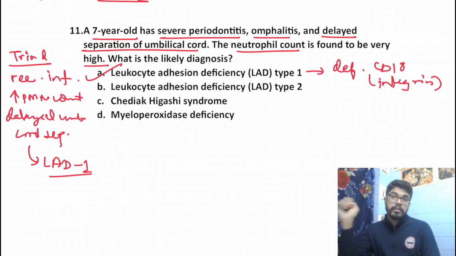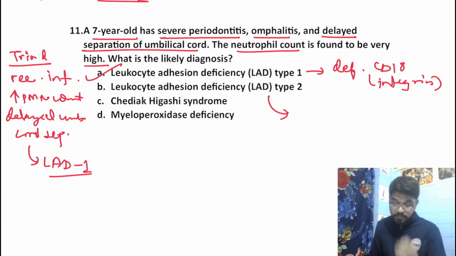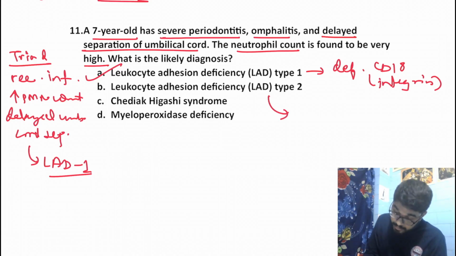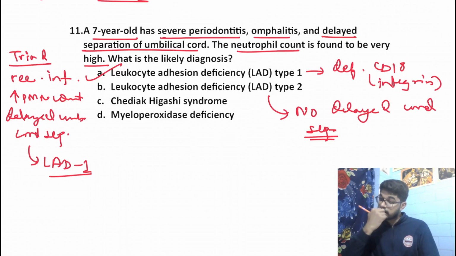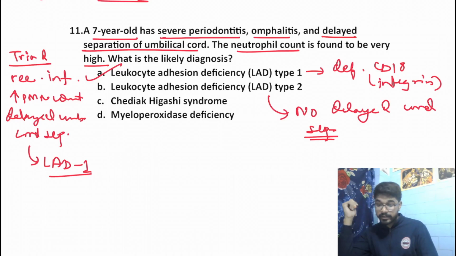Now, how to differentiate it from leukocyte adhesion deficiency type 2, right? Because it also presents with recurrent infection. But remember that there would be no delayed cord separation. Delayed cord separation is very much specific to leukocyte adhesion defect type 1.